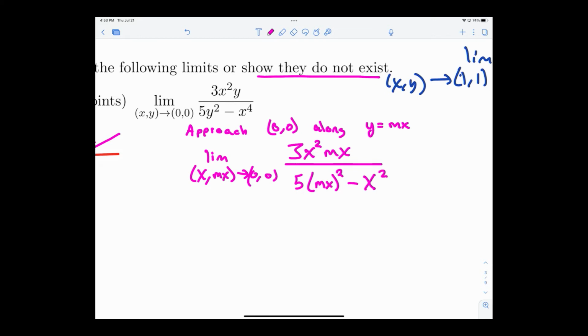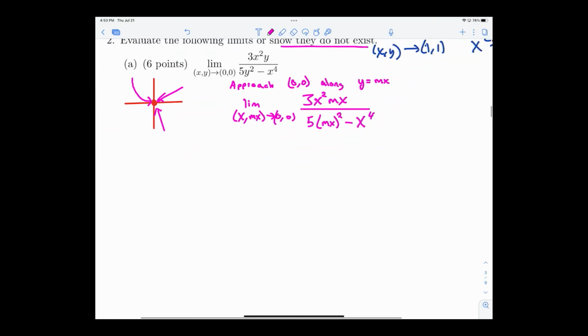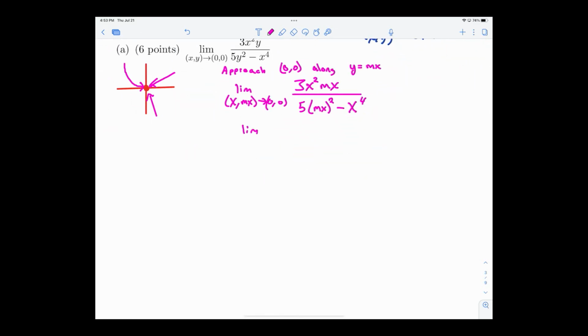I don't know why I put a 2 there. It should be a 4. So this is what we get when we plug in mx for y. We're going to try to evaluate this. There's only x now, so we get the limit as x goes to 0 of, on top, 3m x cubed, and on the bottom, 5m squared x squared minus x to the 4th.